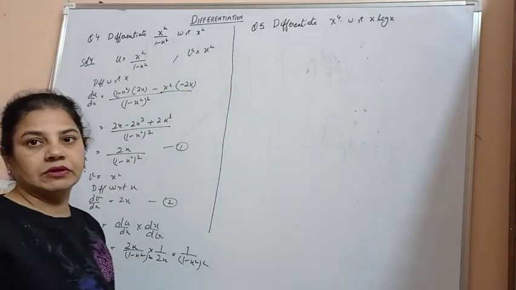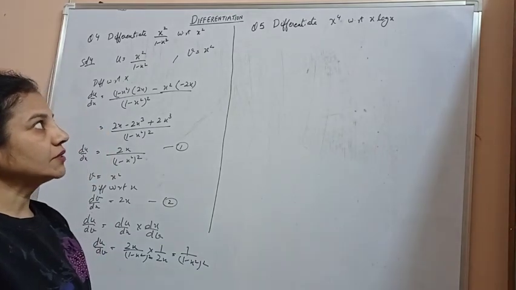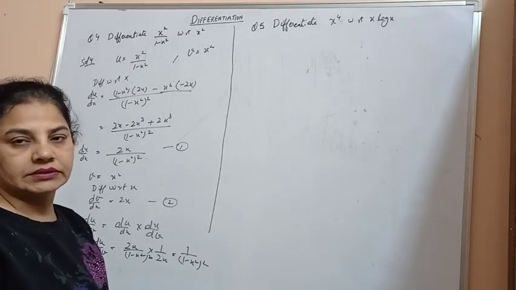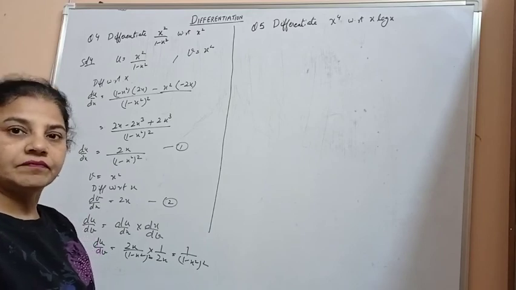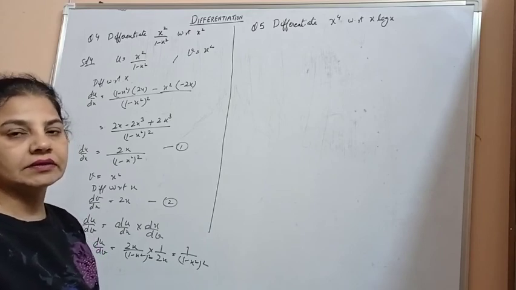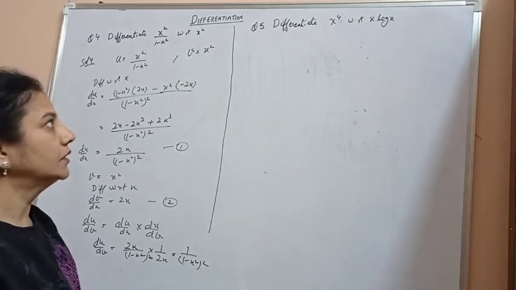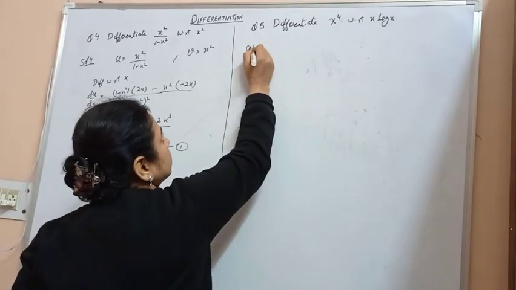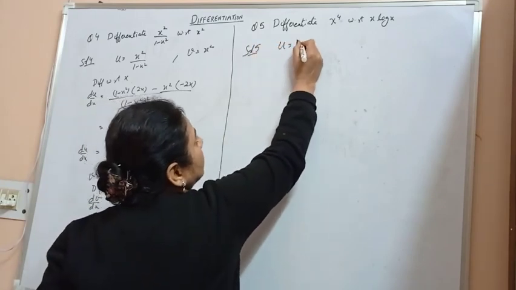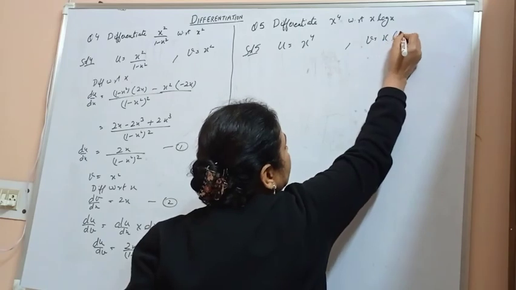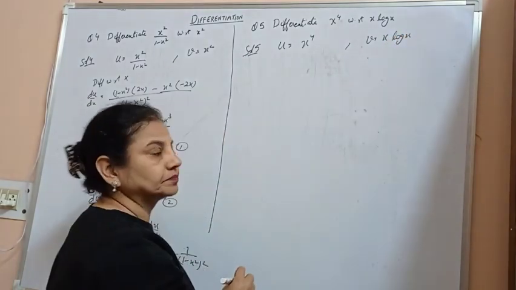Another function is given to us: x to the power 4, differentiate with respect to x log x. We take the first function as u and the function with respect to which we have to differentiate, consider that to be v. So we have u is equal to x to the power 4 and v is x log x.